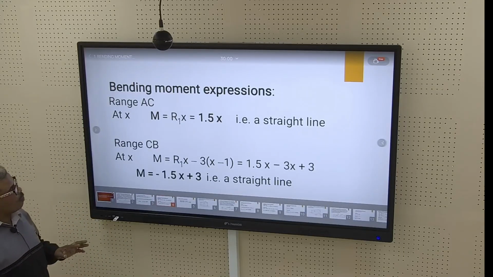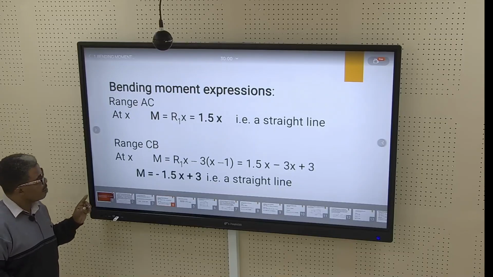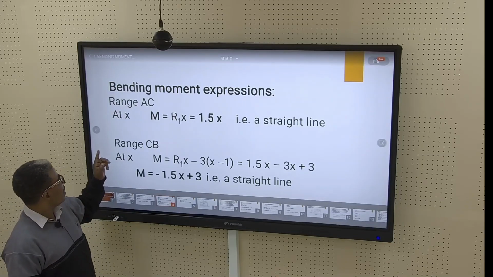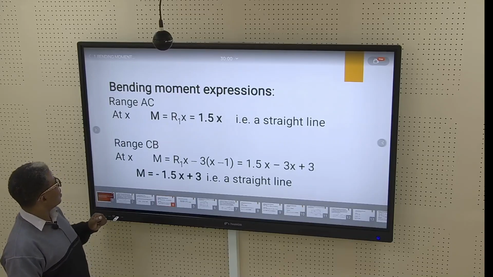For the bending moment expressions, we regard the range from A to C, and in between we have an imaginary line X cutting this section.